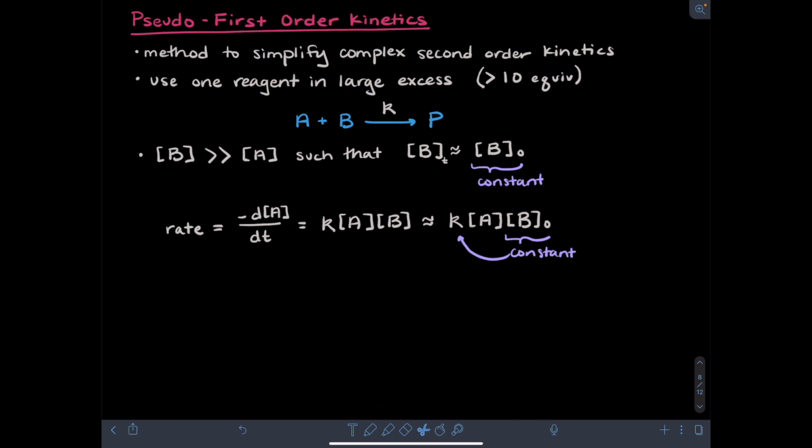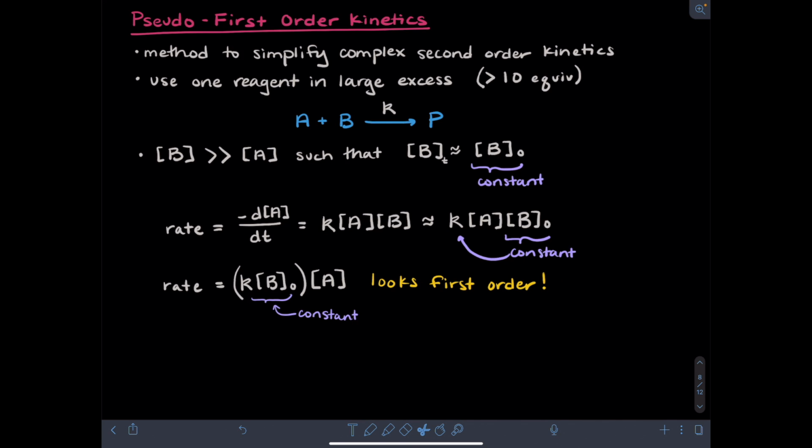I'm going to move this concentration B0 term to the front side of the rate law, right behind k. I get that the rate is equal to the rate constant k times the concentration B0 times the concentration of A at a given time t. The whole term of your rate constant times the starting concentration of B looks like a constant. So you have a constant in front of the concentration of A, and now the whole thing looks first order.